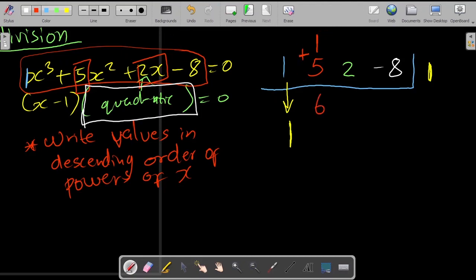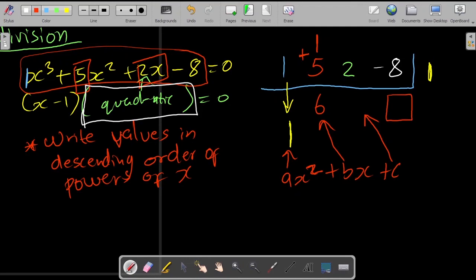This is us finding each of the coefficients of the quadratic factor. In the general form it will be A, B, C, and for the last one we expect 0, which is the remainder. Let's work through it and see if we get that.